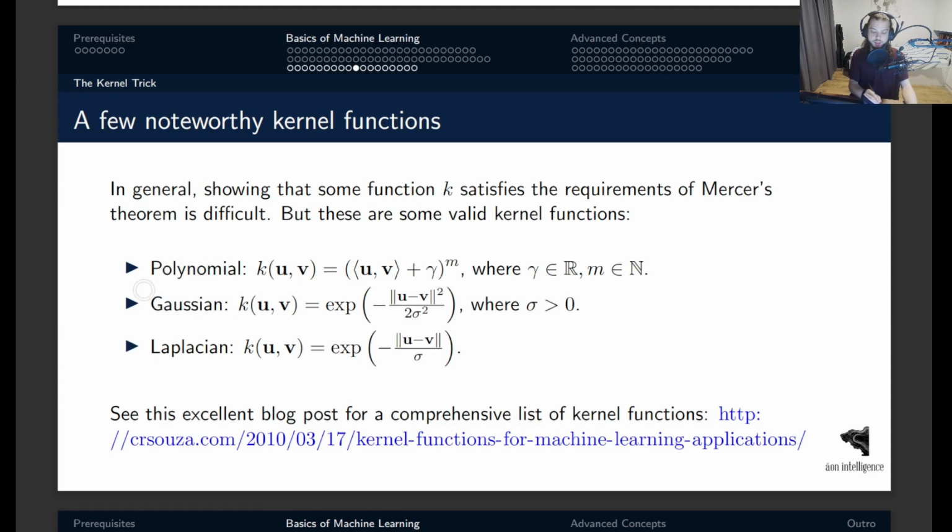A kernel that is often used in practice is the so-called Gaussian kernel. Sometimes it's also called the RBF kernel. What we compute is the exponential of some negative number. And this negative number is the squared norm of the difference between our observations u and v, divided by 2 times some variance sigma squared, where sigma is some positive number.